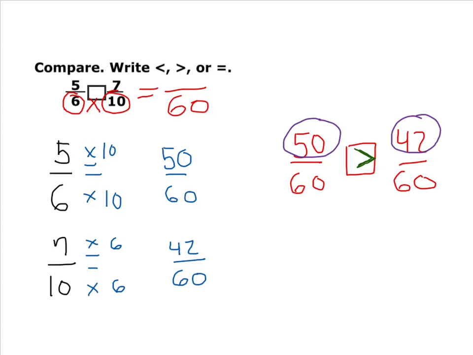So in this one, our 5/6 is going to be larger than my 7/10. So our 5/6 is larger in this instance. And that's all there is to it. Now, there is an easier way to do this, and I'm going to show it to you on our next slide.